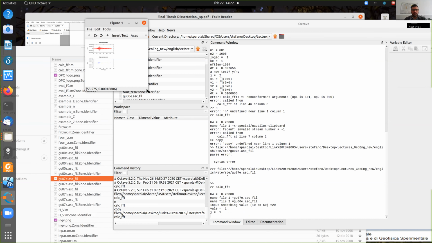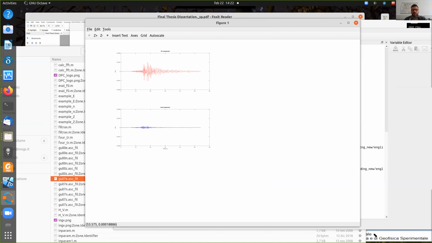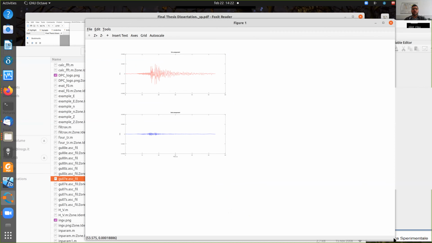Okay, these are the seismograms, where you immediately see that the same component on the rock site, the blue one, is very different from what I'm recording in the middle of a valley, even if the distance is very short.